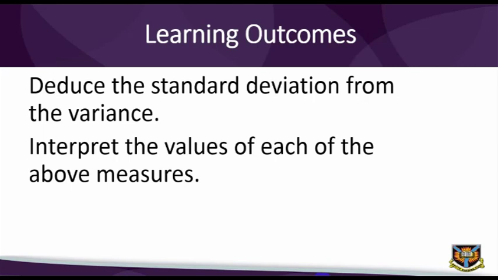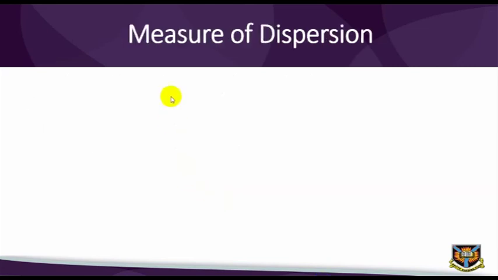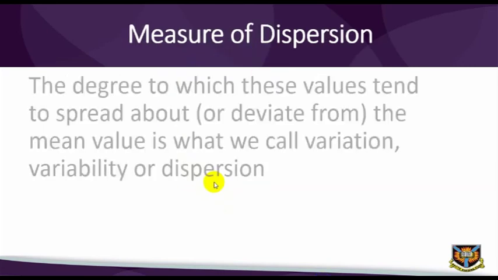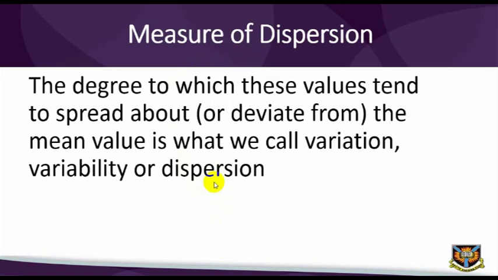Content. Section 1. Measure of dispersion. If we have a set of values like the data on Nigerians' defense expenditure, table 5.1, some of the values will be close to the group's average while others will be far away from the group's average in terms of magnitude.